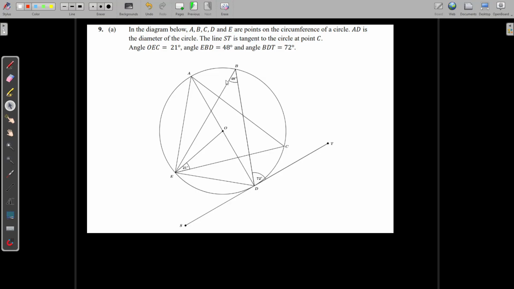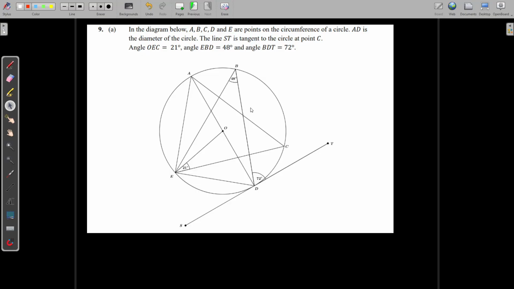Alright, so the diagram below, A, B, C, D, and E are points on the circumference of a circle. AD is the diameter of the circle. So AD is the diameter. The line ST is tangent to the circle. Wait, this should have been D. Oh well.